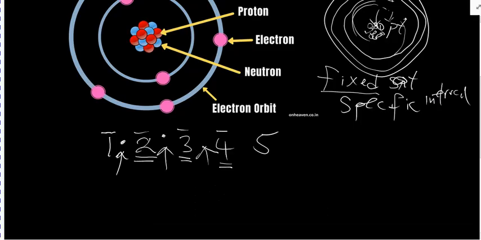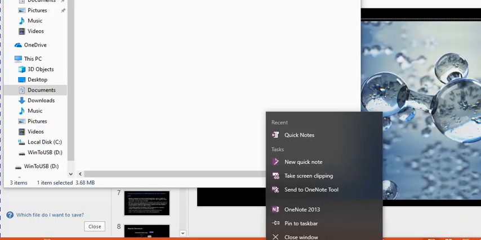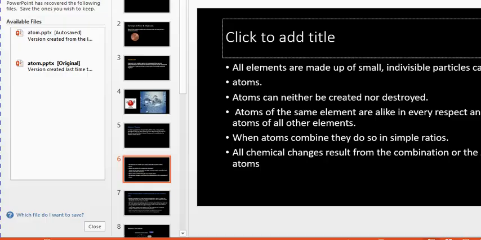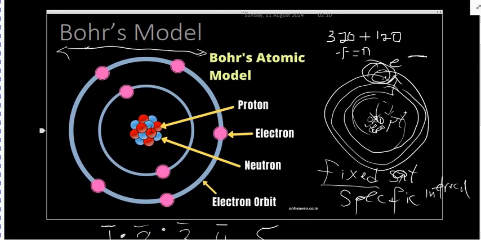And as you can see from this particular diagram, after the nucleus, there is a particular orbit that contains 2 electrons. Then after that, there is another space that gives another orbit.